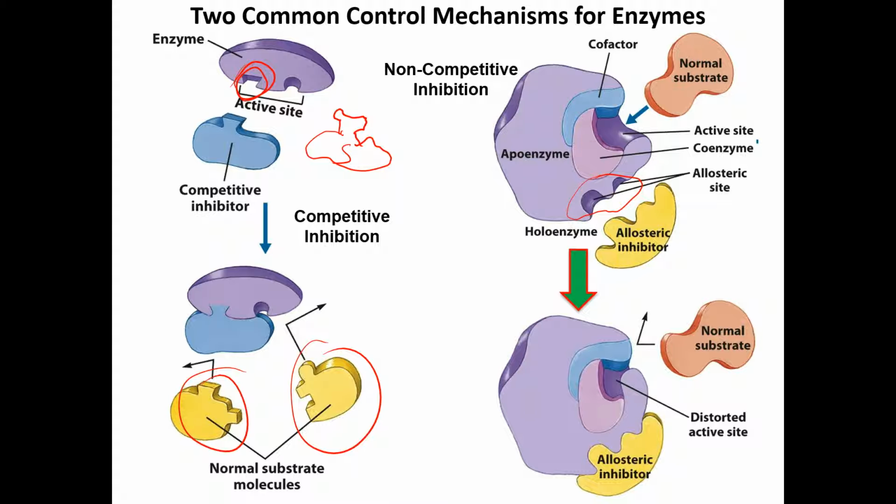When the inhibitor binds there, the active site of the enzyme changes its configuration, its shape, and the substrate can't bind to the active site anymore. So competitive inhibition is a direct way of inhibiting, and non-competitive is a more indirect method.